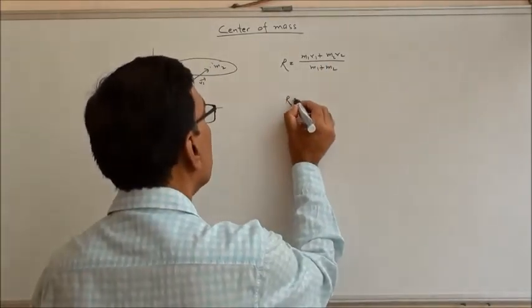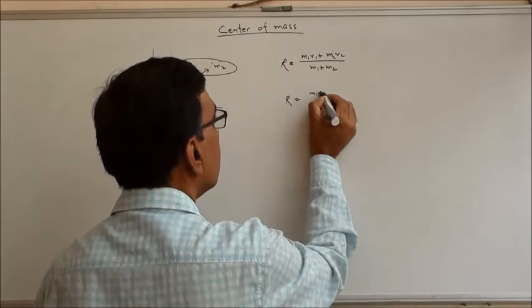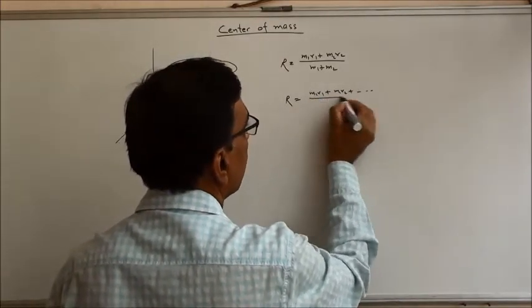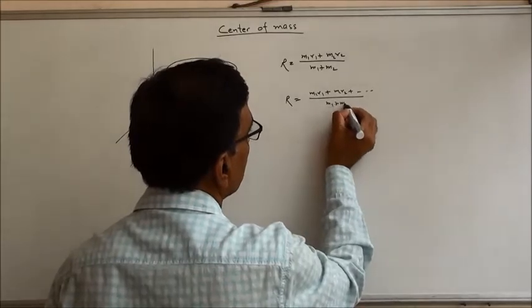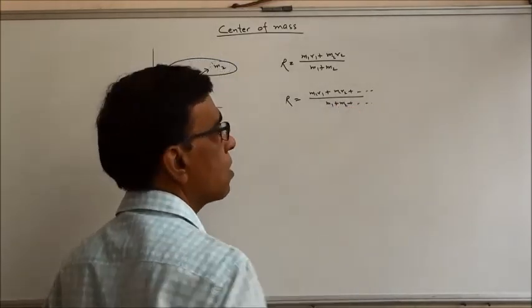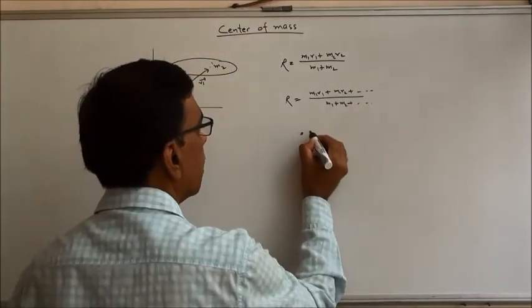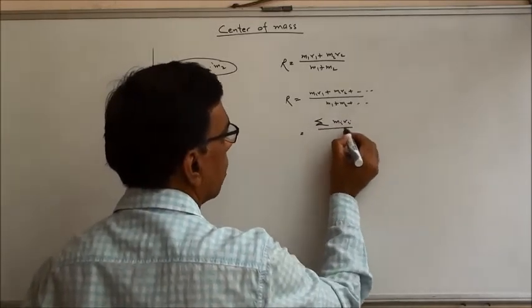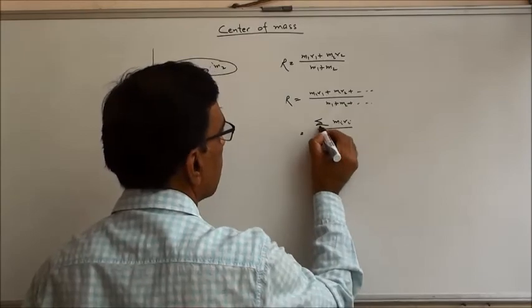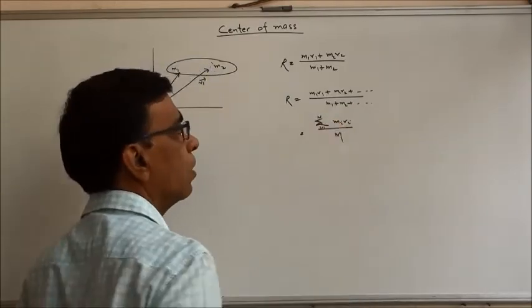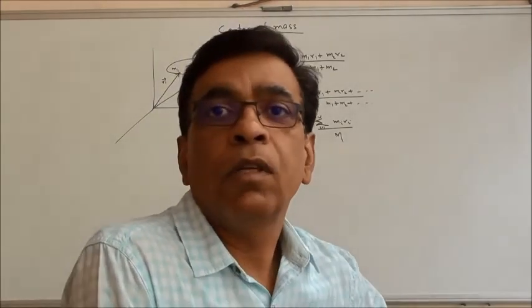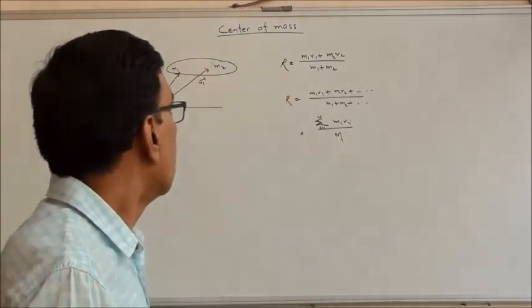For multiple particles, I can generalize the result: m1r1 plus m2r2 and so on upon total mass, or I can simply write summation miri upon total mass, i varies from 1 to n. So this is how we can find the position of the center of mass.